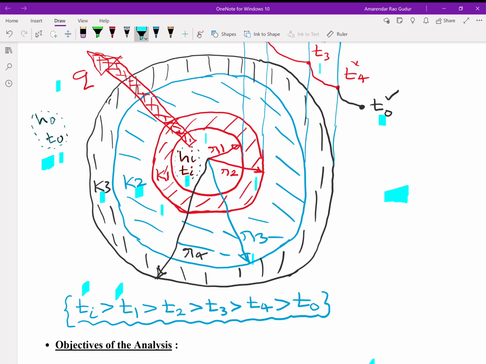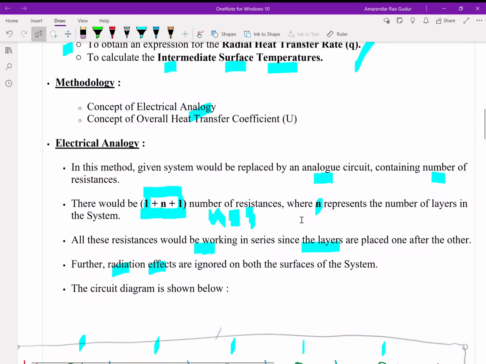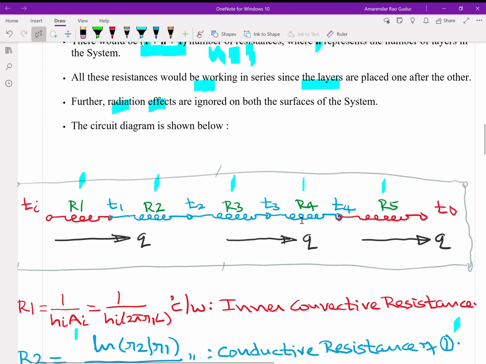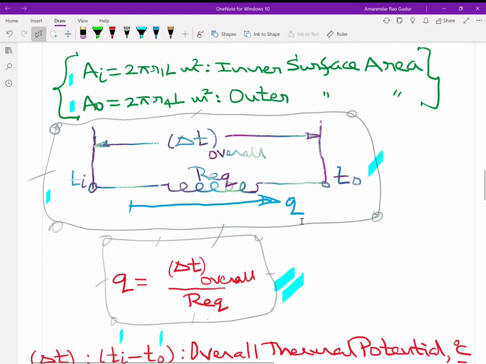After all, we are talking about steady state, one-dimensional heat transfer. So we write Q as Ti minus T1 by R1 to get T1. Q as T1 minus T2 by R2, we get T2, and so on till we reach our end goal. That's the meaning of energy balance.